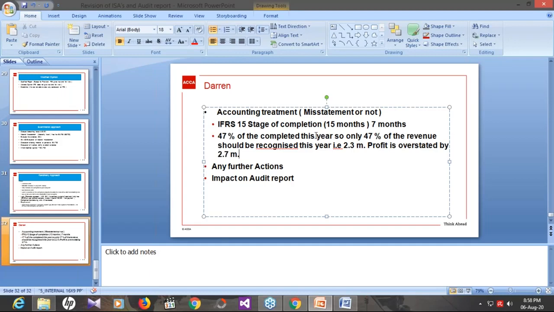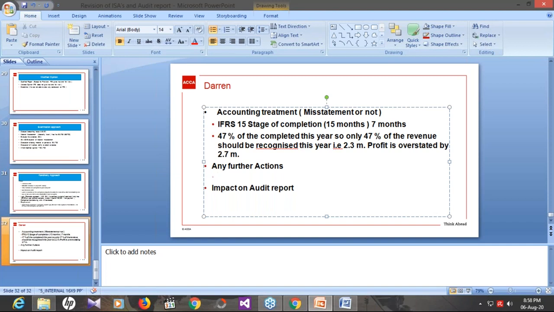So it is confirmed that it is a misstatement. What was the purpose of this accounting treatment discussion? We have to find whether there is a misstatement or not. Yes, we are sure that this is a misstatement. Then we will go for any further action. Do we need any further action?